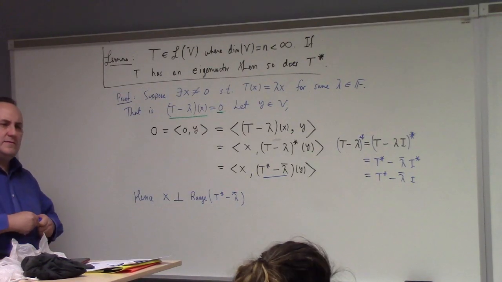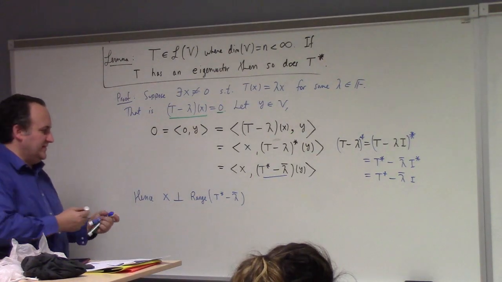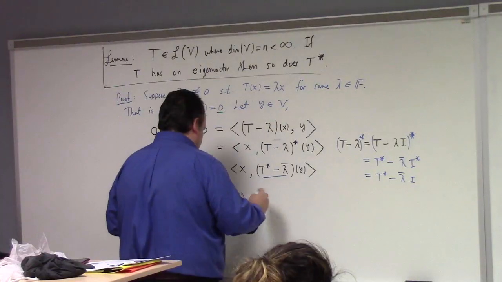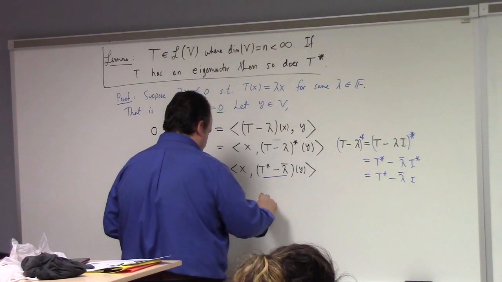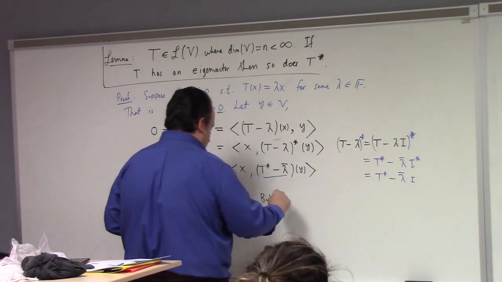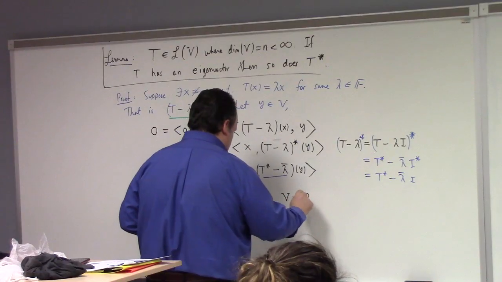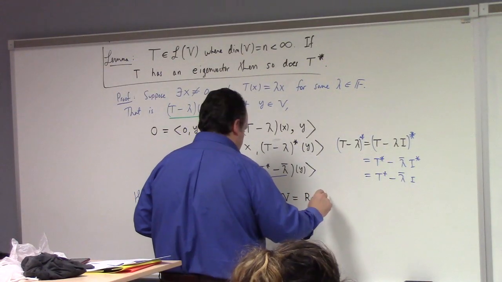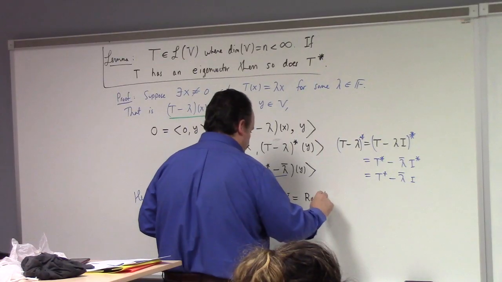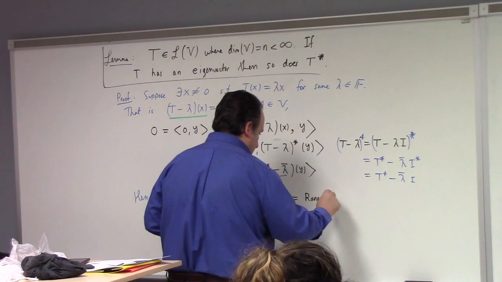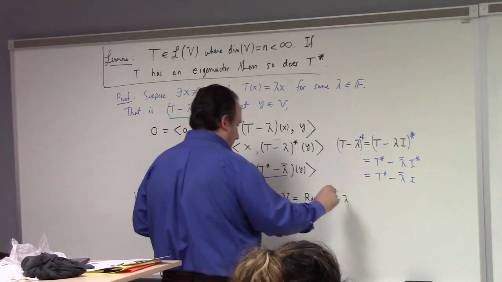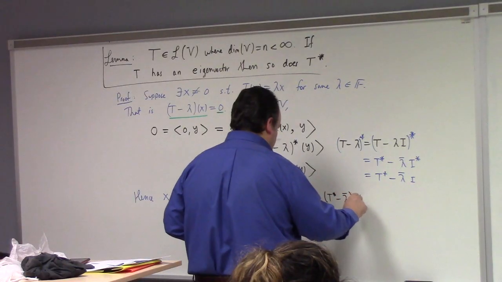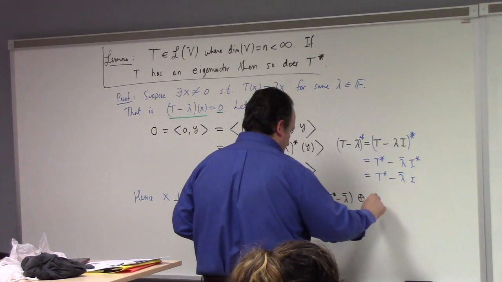But what did we know about this? V is the range of T star minus lambda bar, direct sum the perp of that, right?